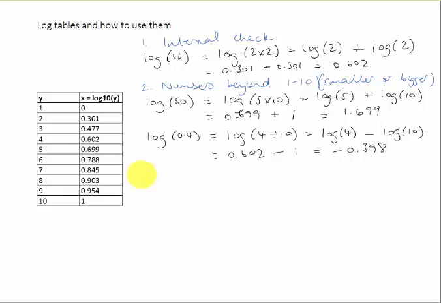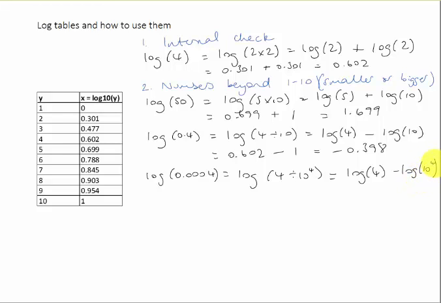And then how about the logarithm of 0.0004, a number that's much smaller? That is equal to 4 divided by 10 to the 4. So that's log of 4 minus the log of 10 to the 4.